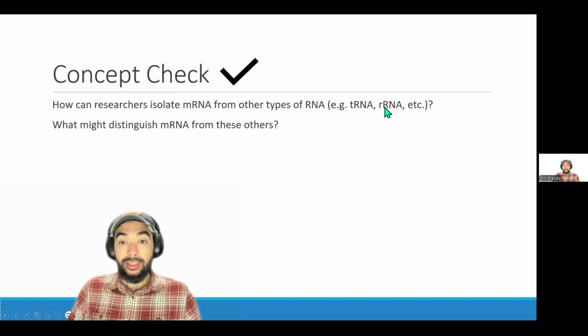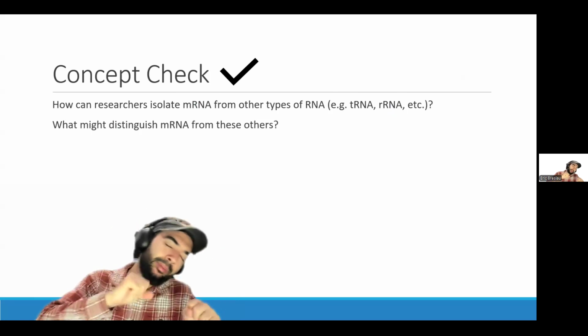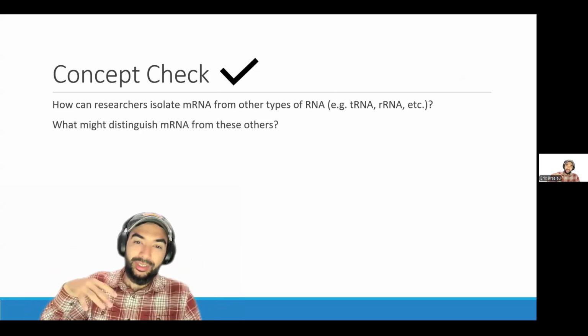Is there anything that's different between mRNA and these other types here? Anything that's unique to mRNA? What might distinguish mRNA from these others that can be used to isolate mRNA from them? You need to try to think about what is different, what is unique to mRNA. Let me go back to transcription real quick. So we transcribe our mRNA. What happens between transcription and then translation?